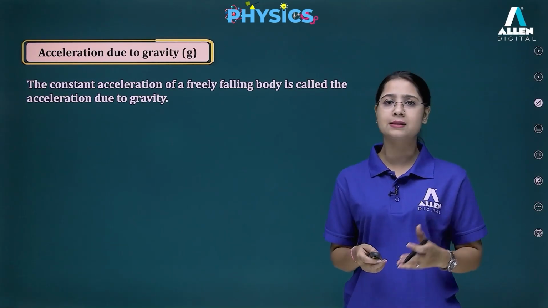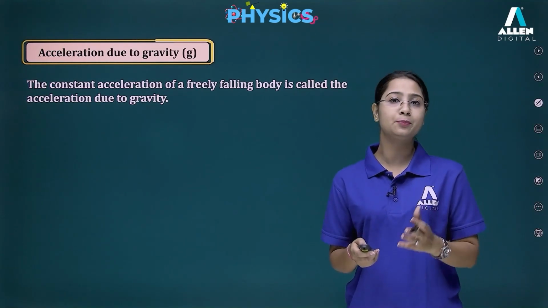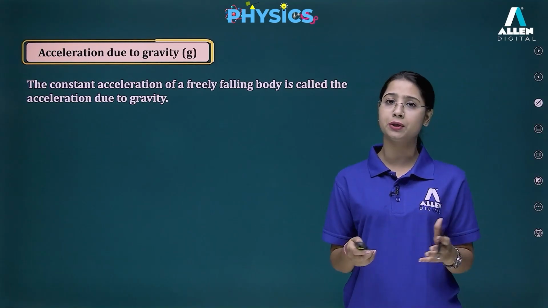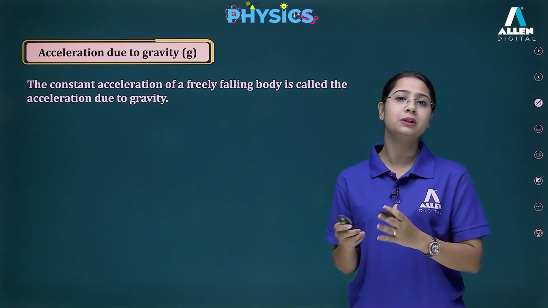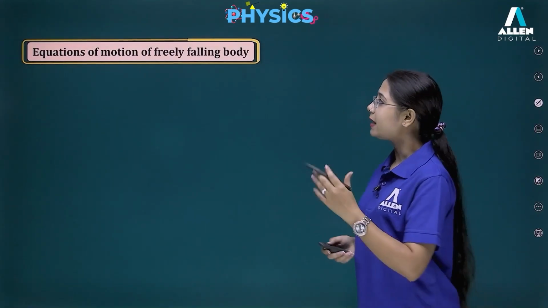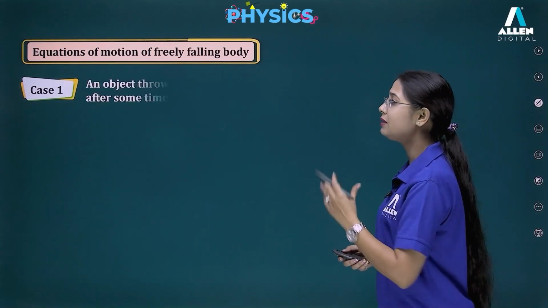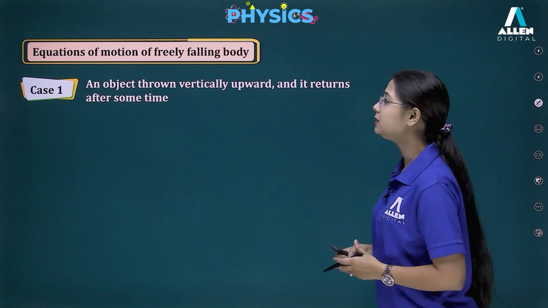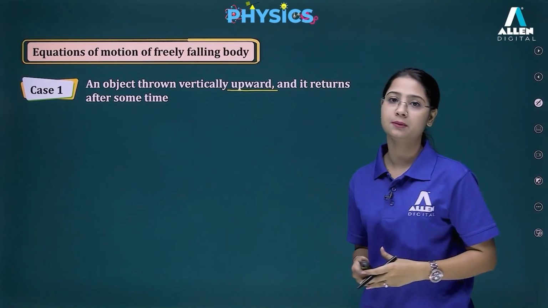The value of acceleration due to gravity we can take as 10 meter per second square or 9.8 meter per second square according to your convenience, according to the numerical calculation, right? So equations of motion of a freely falling body we are going to discuss when we take case 1, when the object is thrown vertically upward and returns after some time.